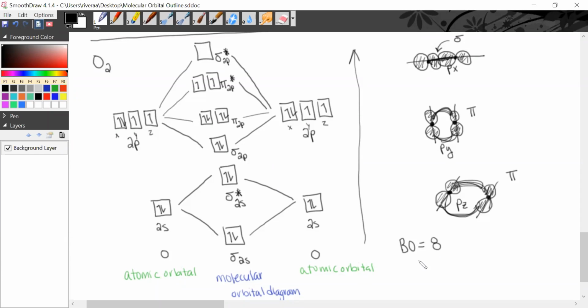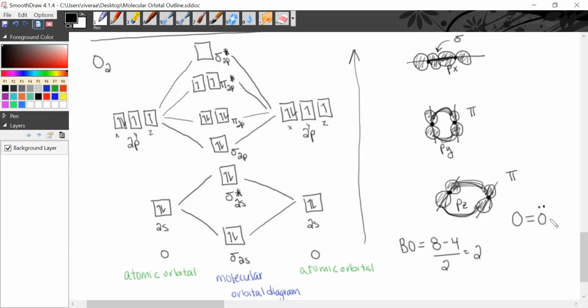Count up your electrons that are in antibonding orbitals. 1, 2, 3, 4. Divide by 2. So look, we have a bond order of 2, which we already knew.